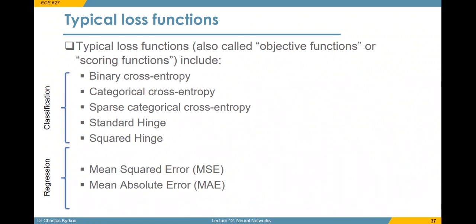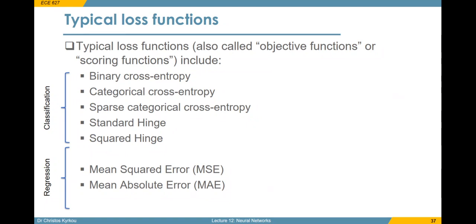So here we have some typical loss functions, or objective functions or scoring functions. So we have some functions that are mostly used for classification problems, where we want to put the data point into one or more classes.